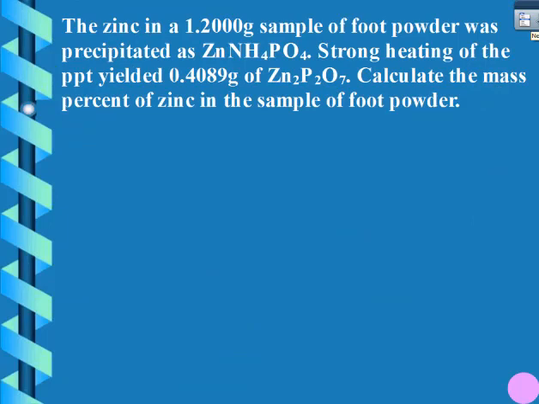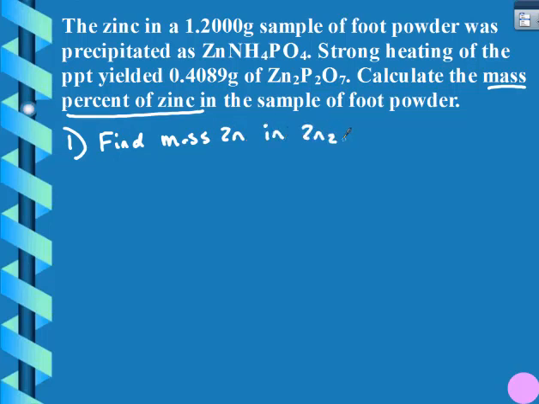On this problem, notice we're also calculating the mass percent, this time of zinc in the foot powder. So we're going to go through pretty much the exact same steps as what we did a second ago. So first step is find mass of zinc in the ZnNH4PO4, because that was my precipitate.